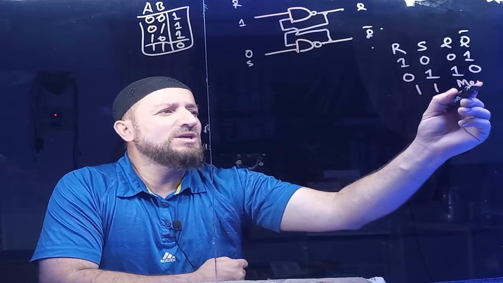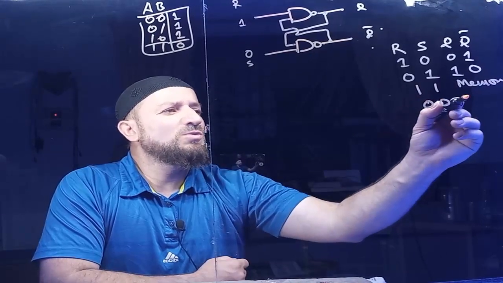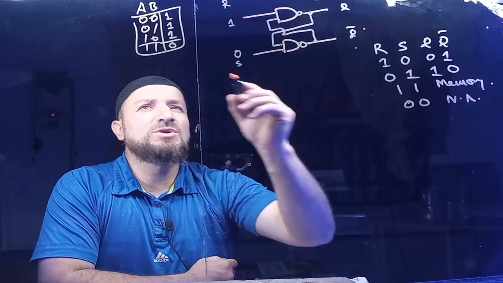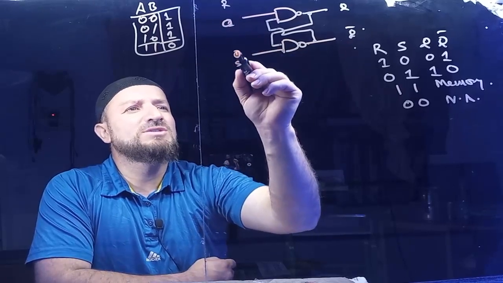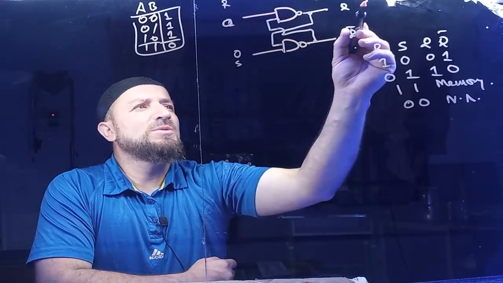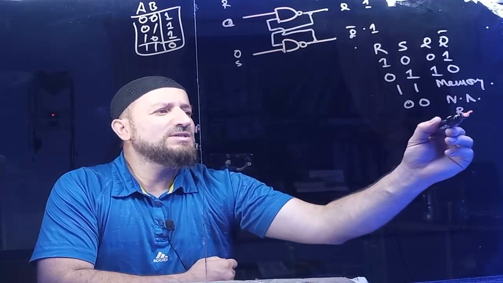That's why it's called a memory state. The 0 0 state was not allowed, because if one of the inputs is 0, the output is going to be 1. So if it is 0 here and 0 here, both outputs are going to be 1 1. That will be the race condition, so it's not allowed.